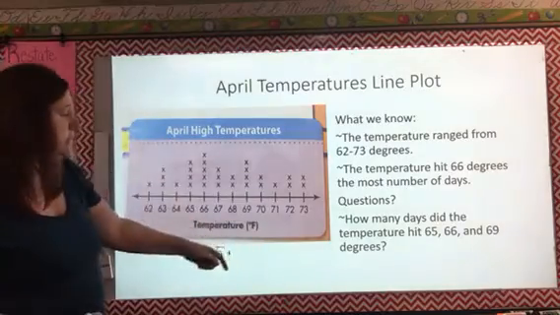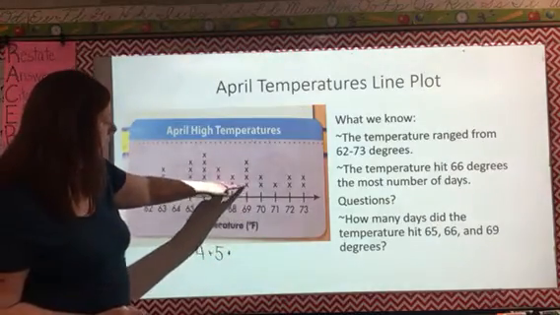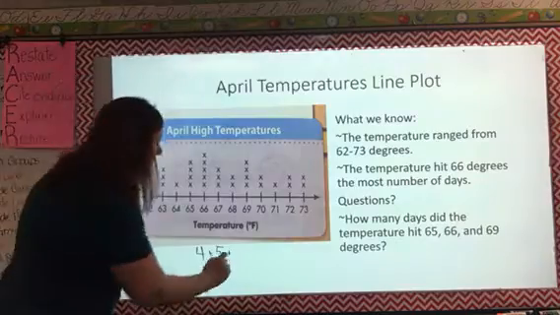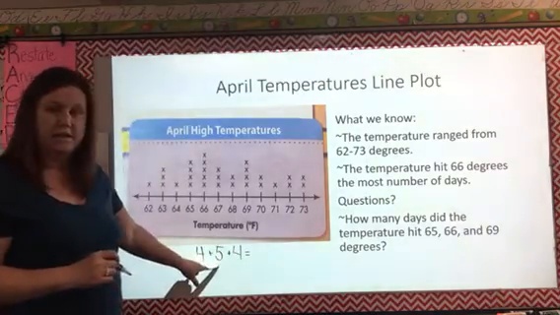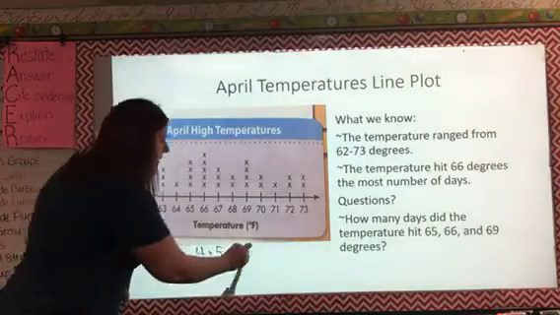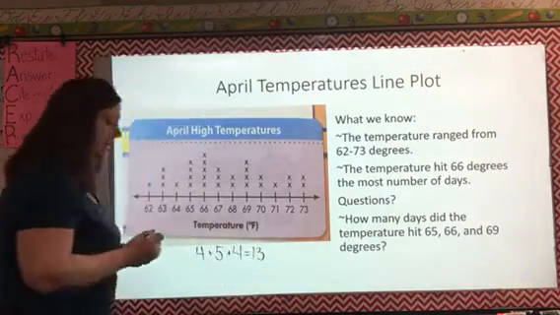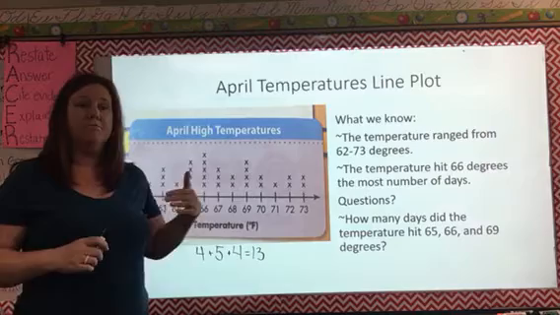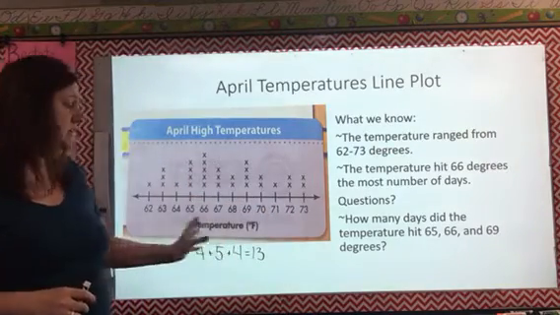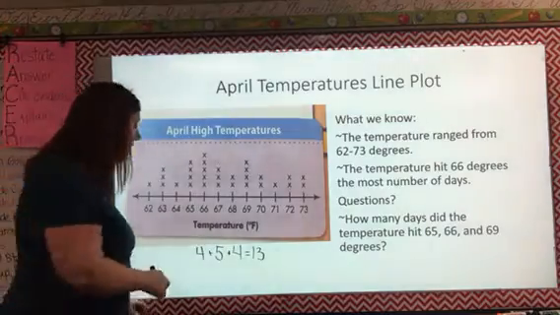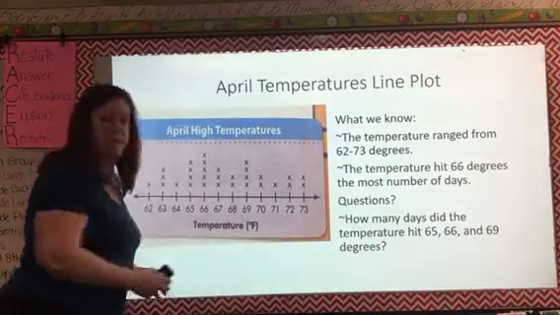And then it asks for 69. So we come over here and we have 4 more, right? So if we combine those, we have 9 plus 4 is 13. Okay? So whenever it's asking for more than one day, more than one time that it hit the degrees, you want to add those together. All right, let's try another one.